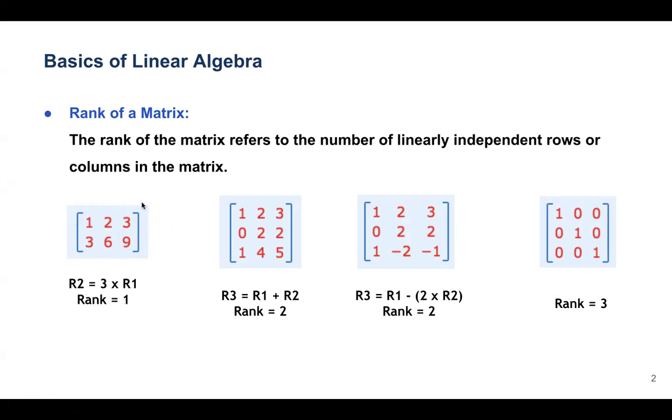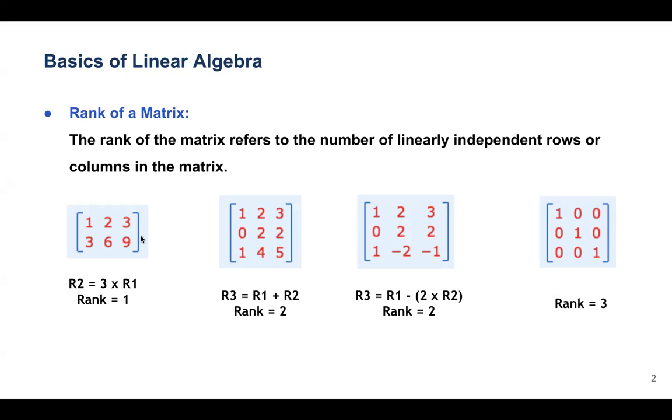So here, how many independent rows do we have? The only independent row is row number 1. Or else you can think in such a way that row number 1 can be obtained by dividing row 2 by 3.